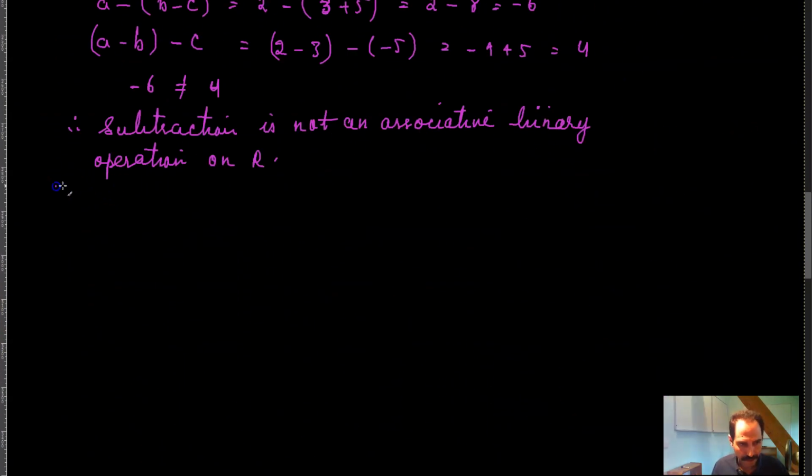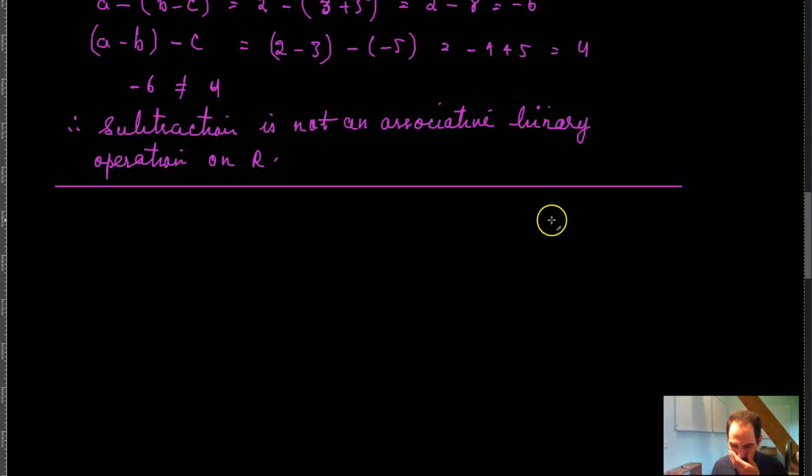So division, suppose that I write A star B star C, and we are talking about basically the set of R star, which is non-zero real numbers.